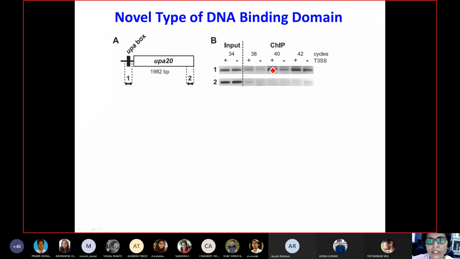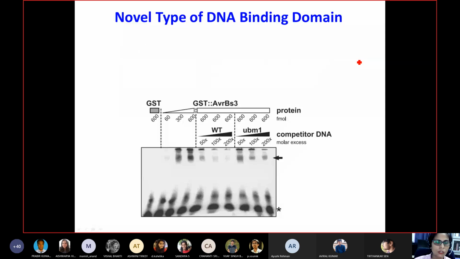So EMSA is a very effective technique where you can show in an in vitro assay, with purified proteins, whether they bind labeled fragments, either P32-labeled oligonucleotide fragments or biotin-labeled fragments. What they did here was label their UPA box oligonucleotide with biotin.